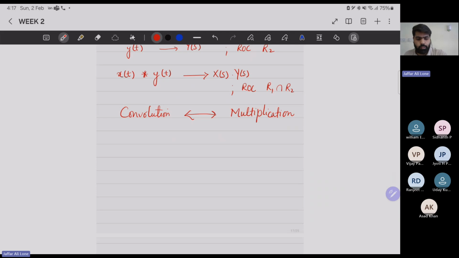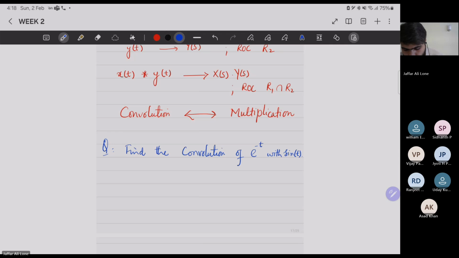Now, based on this, we have a question. Find the convolution of e raised to the power minus t with sine of t.